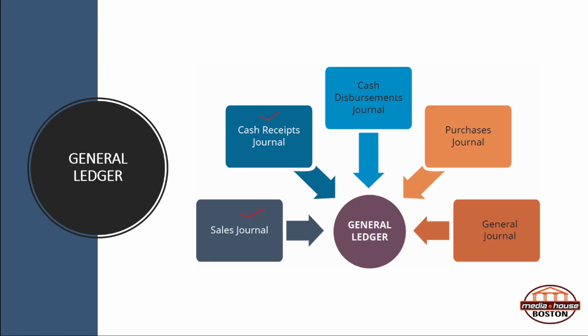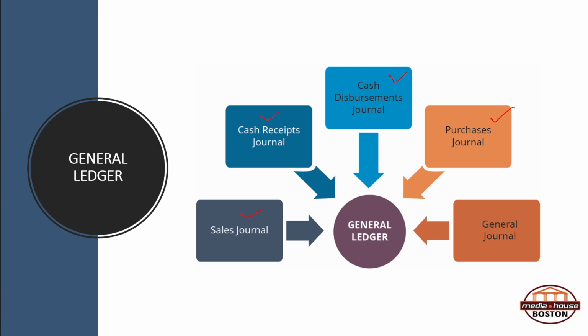And then also, to run the business, there are going to be some expenses or costs that we'll have to incur. So this will be recorded within the cash disbursement journal, which is also known as the cash payment journal. When we buy anything on credit, it's reflected within the purchase journal.